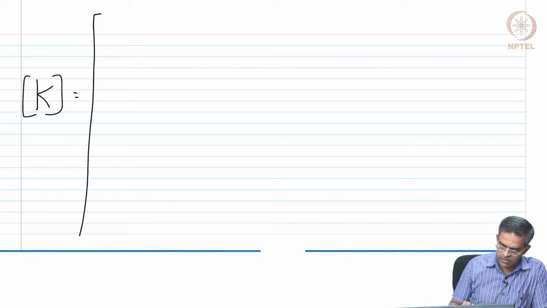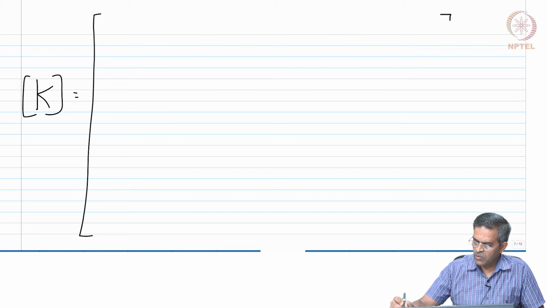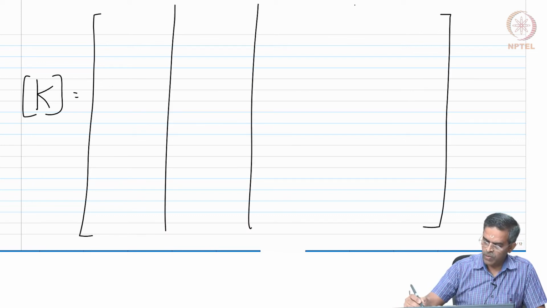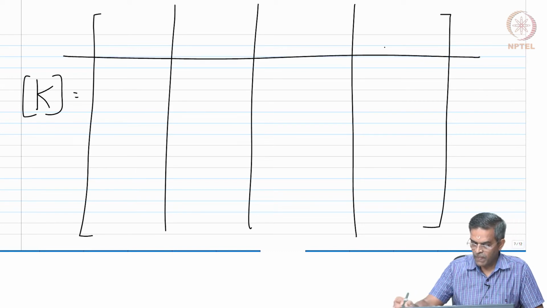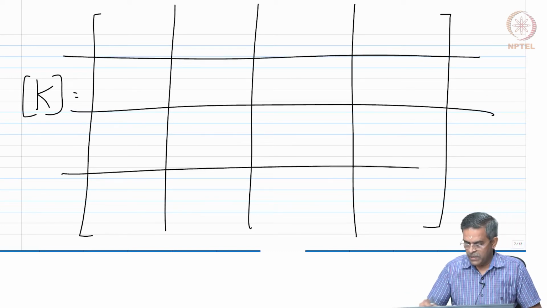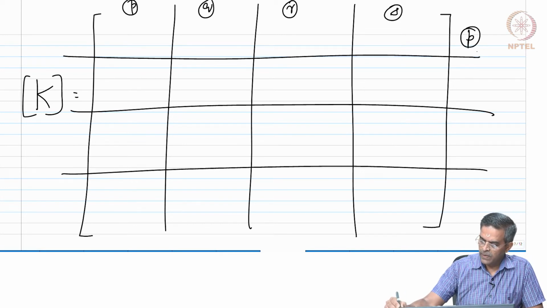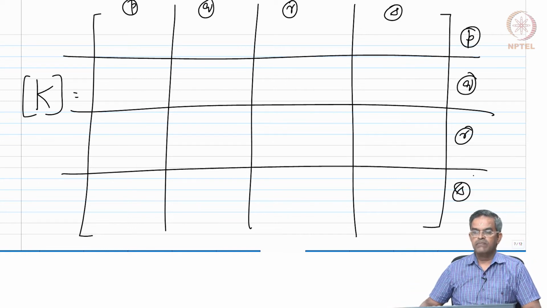Please watch here. So, it is easy for you to recollect. So, it is a 4 by 4 matrix. Please watch here. P, Q, R and S are the labels, right.